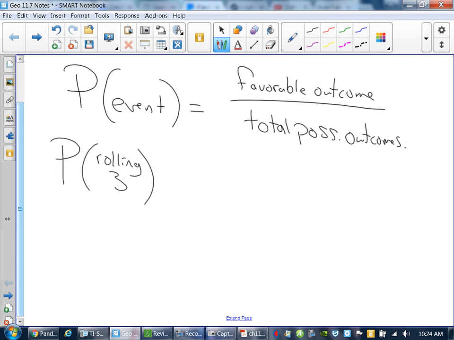How many possible ways can you roll a 3 on a single die? 1. How many possible outcomes are there on a die? 6. So there's one way you can roll a 3, that's if you roll a 3 out of 6 possible outcomes.